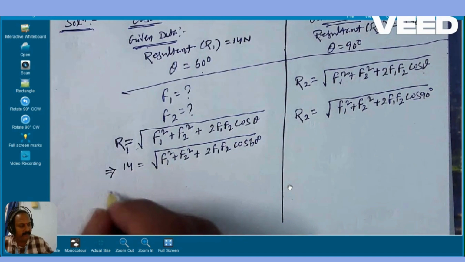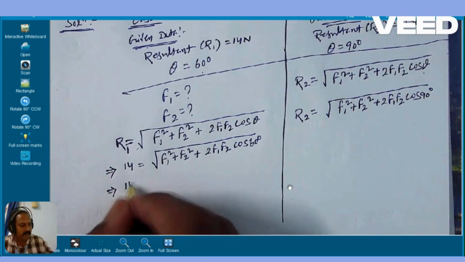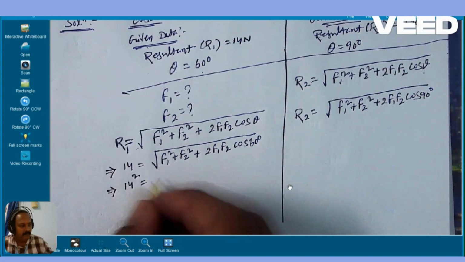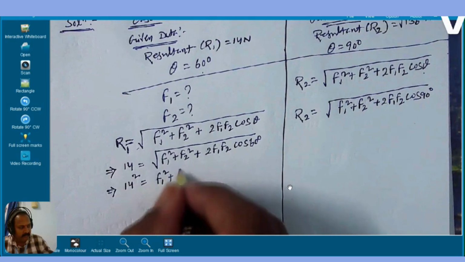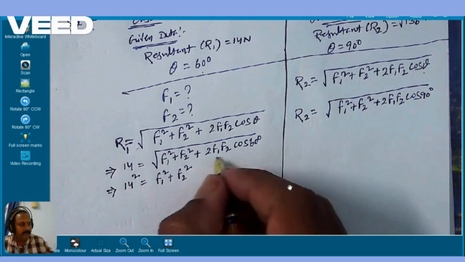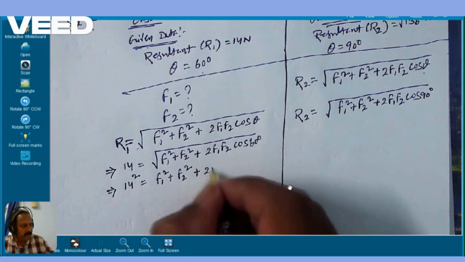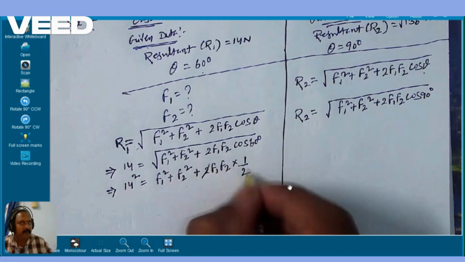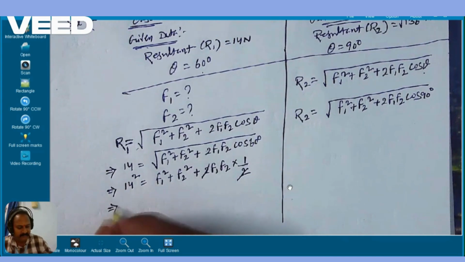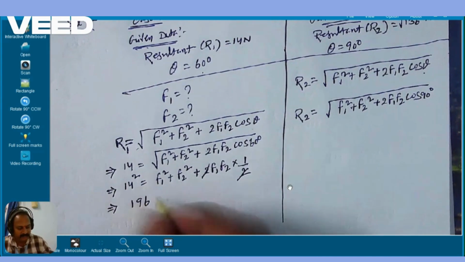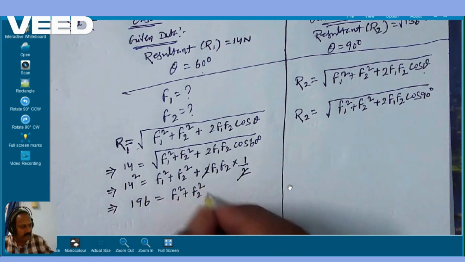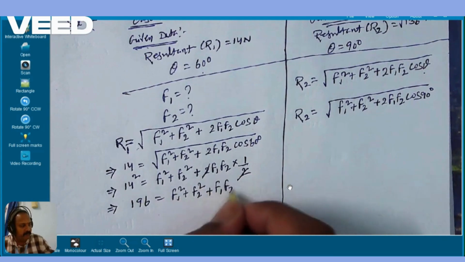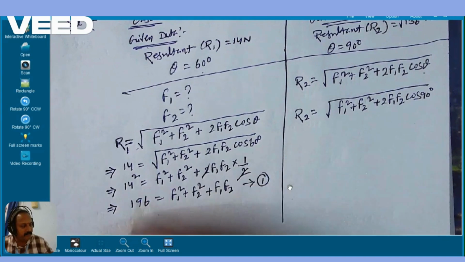So let us solve here. Taking square on both sides, the root gets cancelled. So 14 square is equal to F1 square plus F2 square plus 2F1F2 times 1 by 2. The 2 gets cancelled. So finally we get the equation 14 square is 196, equal to F1 square plus F2 square plus F1F2. Let us take this as equation 1.